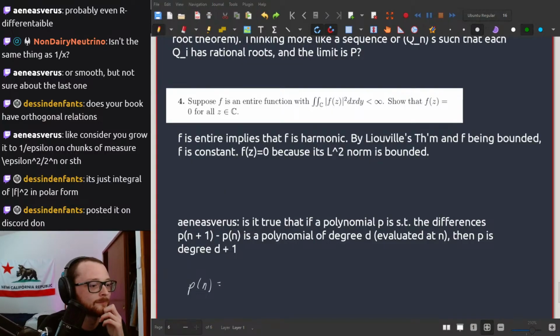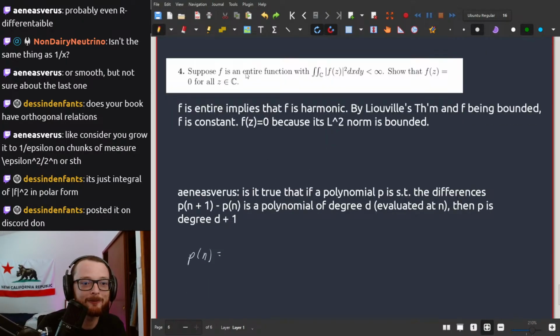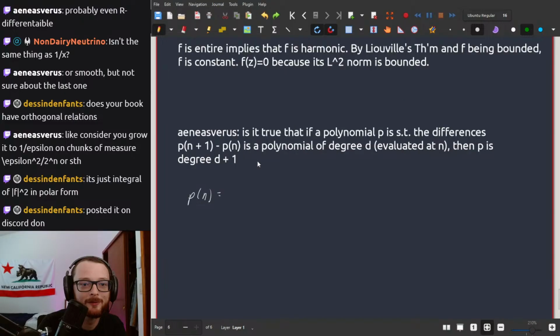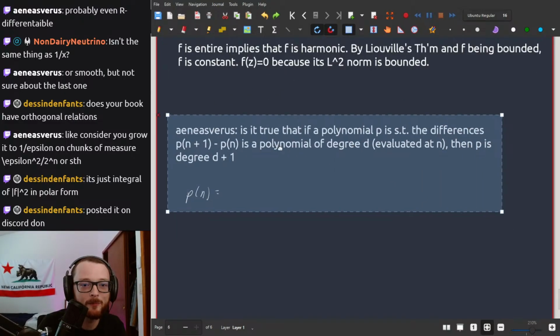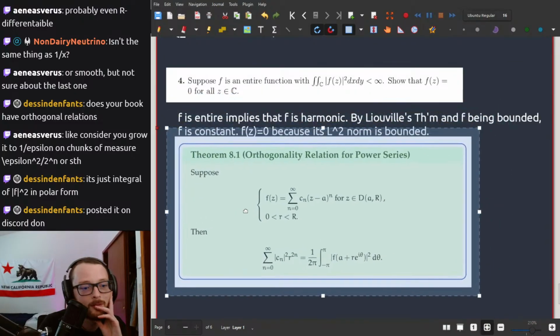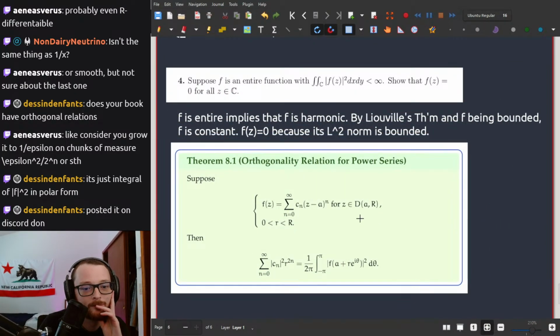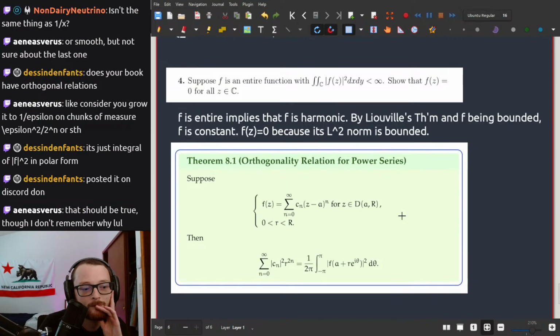Okay. I feel strongly that if a function is entire and has a bounded L2 norm, then it should also be bounded. I don't know if that, maybe it's possible to not be true. Then, oh, the music just stopped. 1 second.